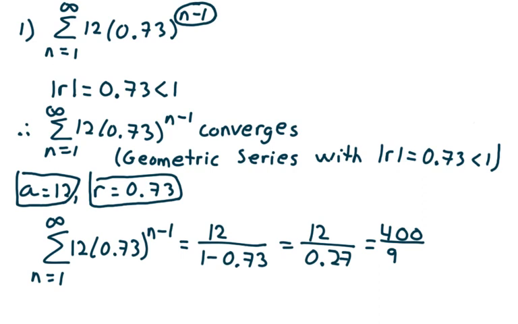So this is equal to 12 over 0.27, and if I multiply the numerator and denominator by 100 and reduce, you will see that you get 400 over 9. And that's the actual sum.